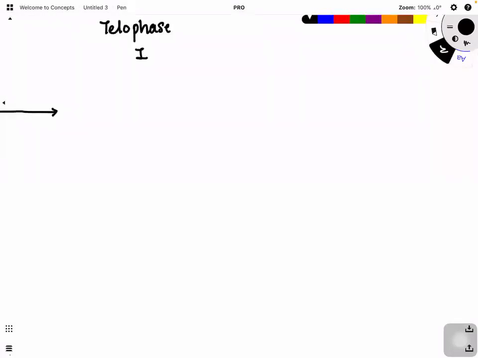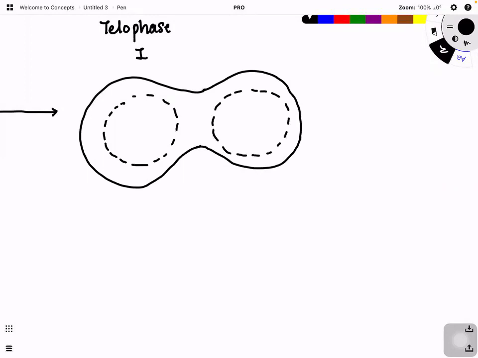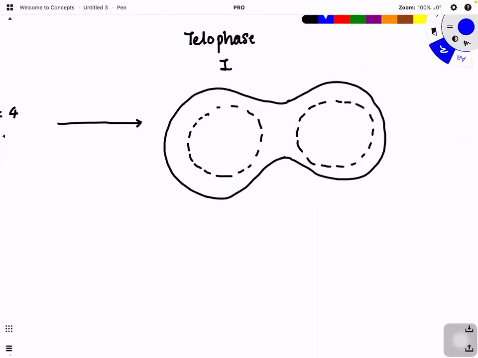then you can see that the cell forms the cleavage furrow. Nuclear envelopes start to reform. Correct or not? Okay, so we can see that now here you have the blue chromosome with a little bit of red, and then you have the green chromosome with a little bit of orange.